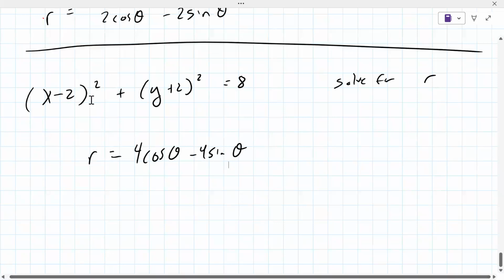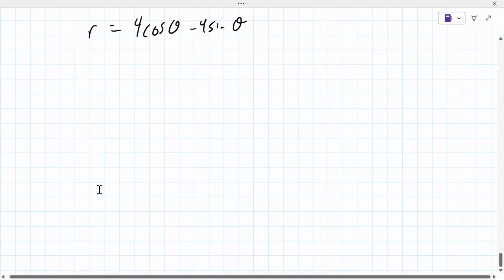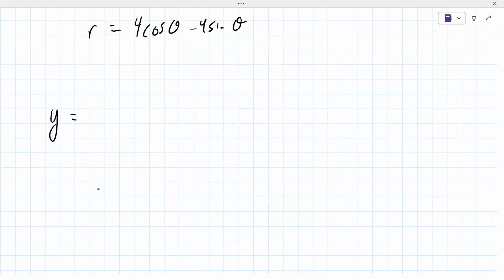Let's say it's xy equals x squared over 5.